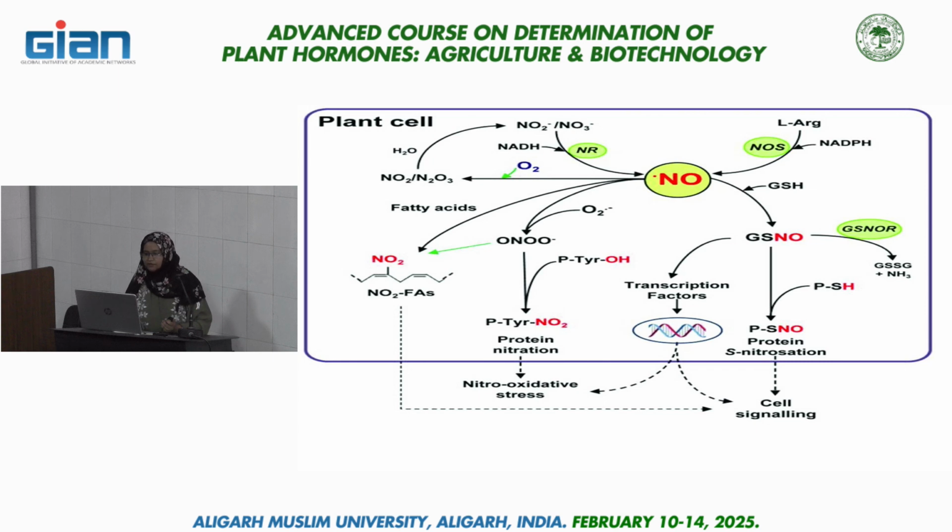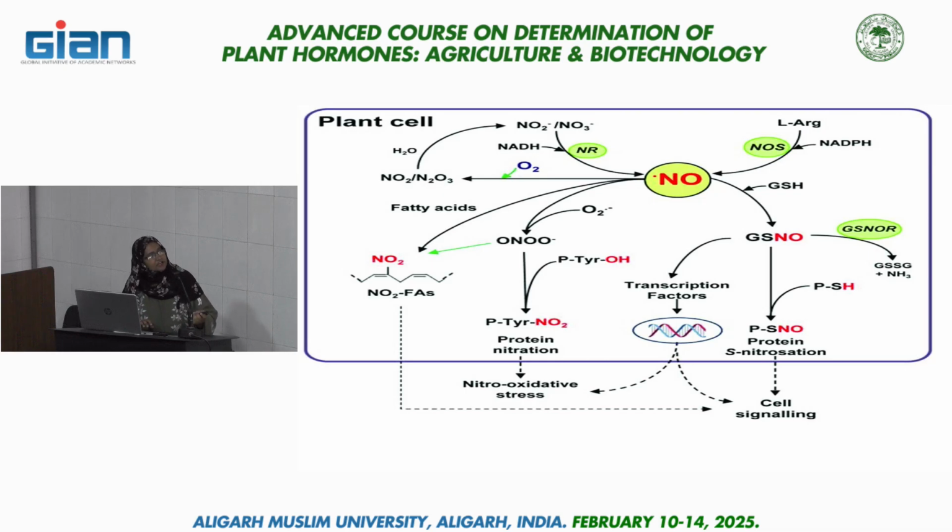Then this glutathione mediates signaling processes, and ultimately the nitric oxide also interacts rapidly with the superoxide radical to generate peroxynitrite, a powerful oxidant molecule that can mediate the tyrosine nitration of proteins. So in this process you can see the overall metabolism of nitric oxide, how it is synthesized and how it mediates signaling responses of the plant, as you can see in this particular figure.